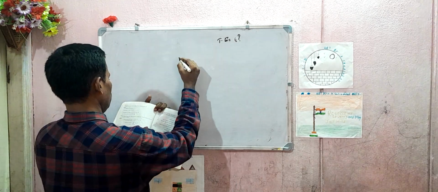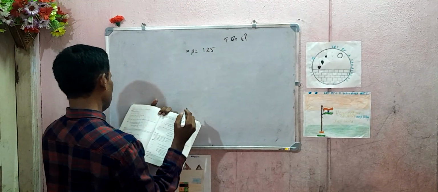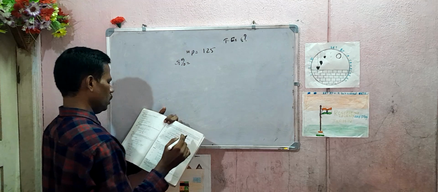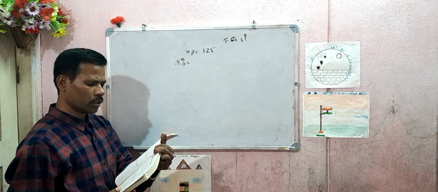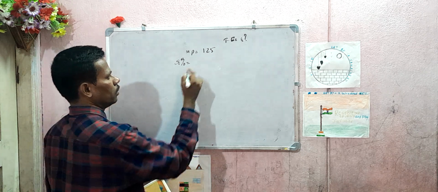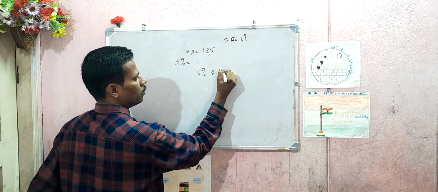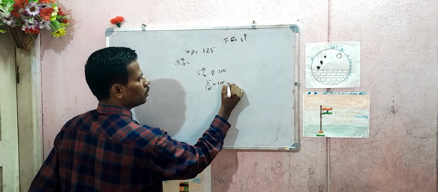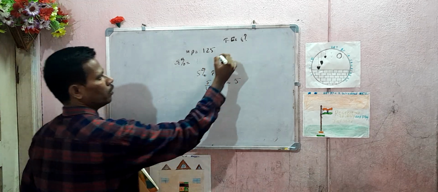Market price is 125. Rate percentage is asked. Apply the basic rule, 5% into 100. So face value is given as 100.